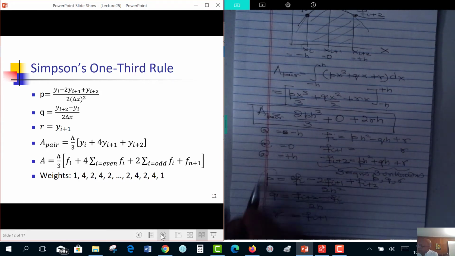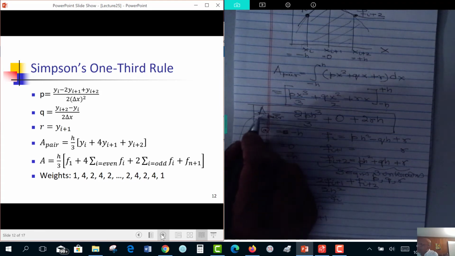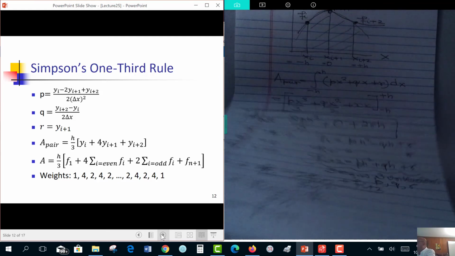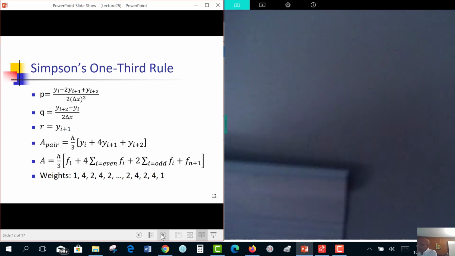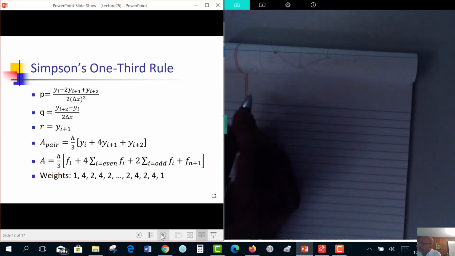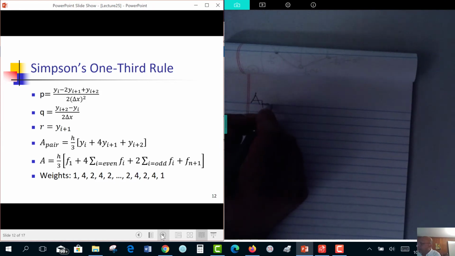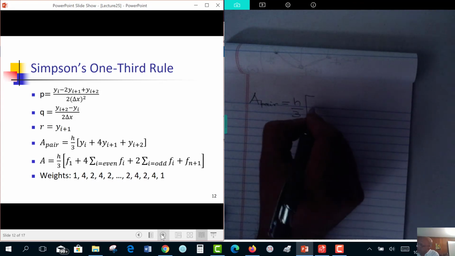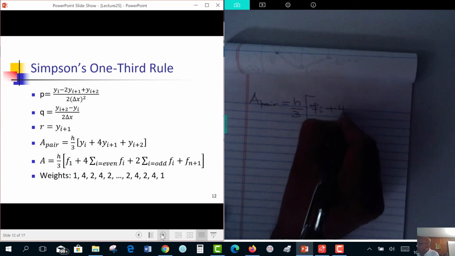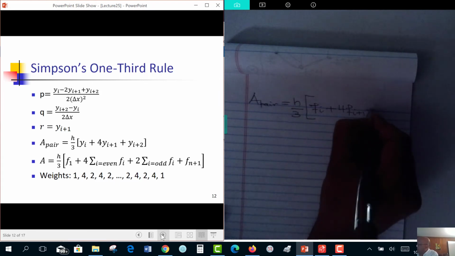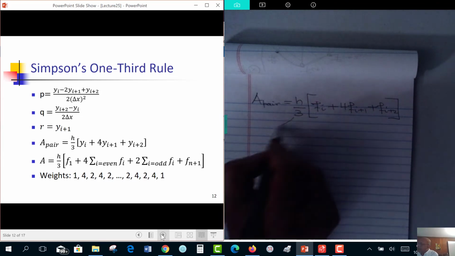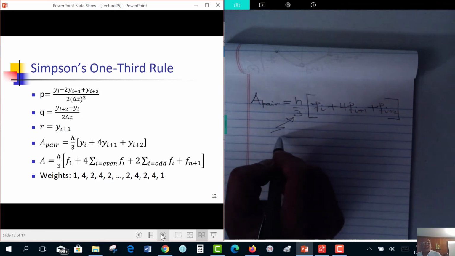Okay, so we substitute all these p, q, and r into our area of the pair. So we will get area of the pair is h over 3 times fi plus 4fi plus 1 plus fi plus 2. So the name 1/3 rule comes from this h over 3 factor.